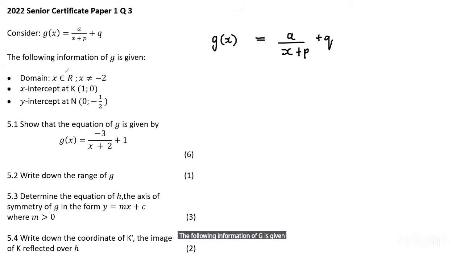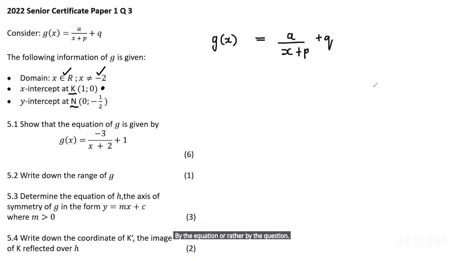The domain is x an element of real numbers, but x cannot be -2. The x- and y-intercepts are at (1, 0), the x-intercept, and (0, -½), the y-intercept. So this is the information that has been given by the question.